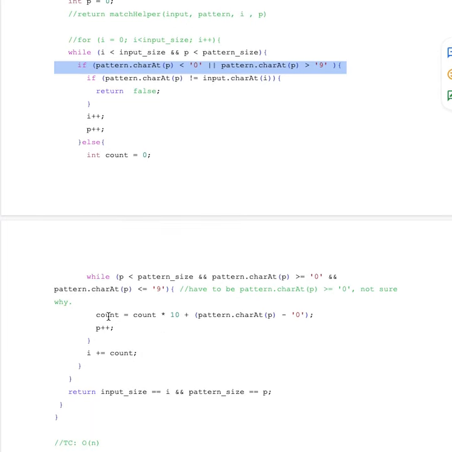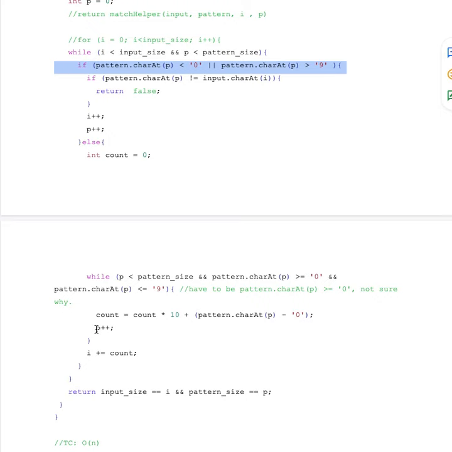We need to count. How do we count if it's like 1, 2, 3? First the count is 0. If the index P is 1, 1 minus 0 will always be 1. So the first count will be 1.